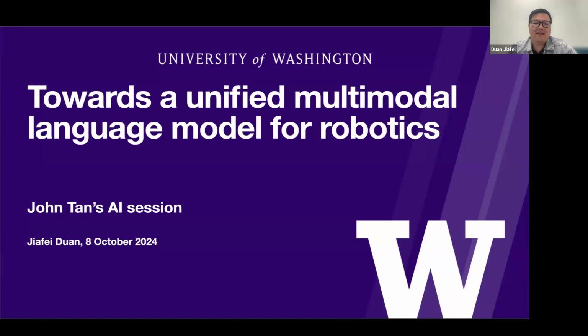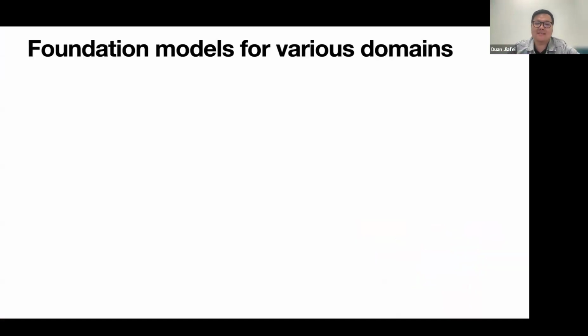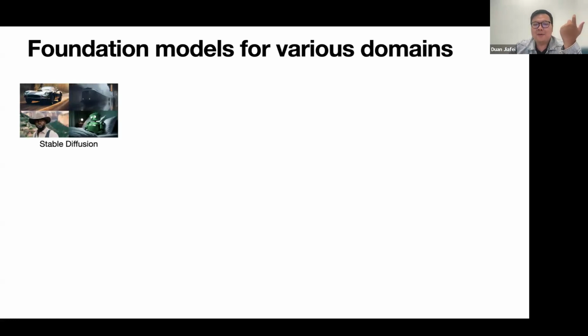So today I have the honor to give this talk on the topic of towards a unified multi-modal language model for robotics. Many of the audience here have a lot of experience with foundation models, especially in various domains.